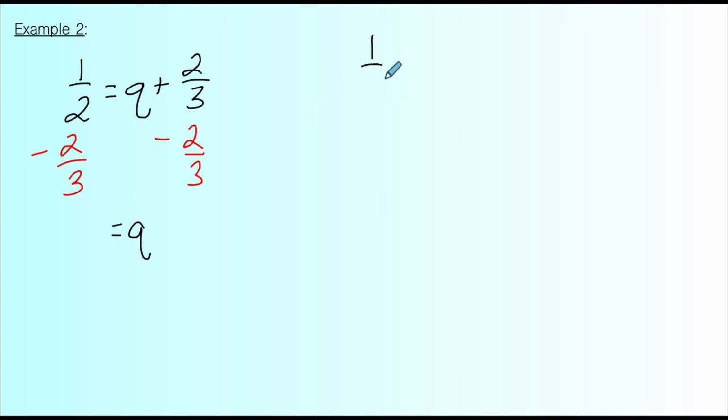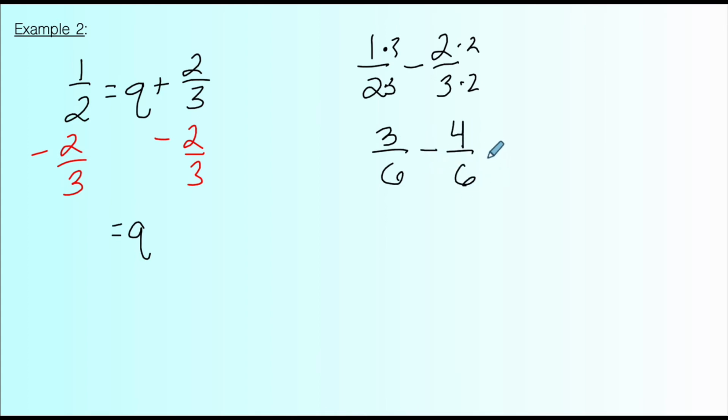So for this subtraction problem, the first thing I need to do is make sure that my halves and my thirds turn into something common. If I multiply this fraction by 3 and this fraction by 2, I'll have a common denominator of 6. So I'll rewrite that. It's going to make it 3/6 minus 4/6.